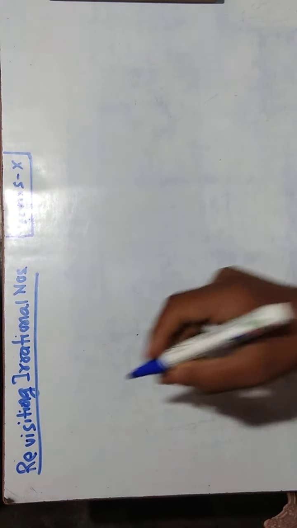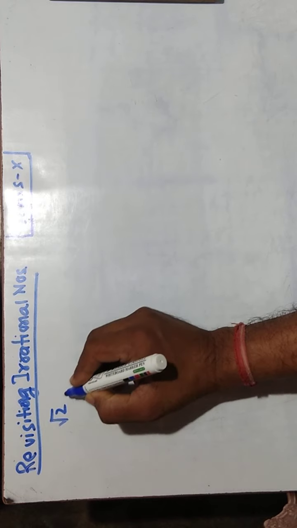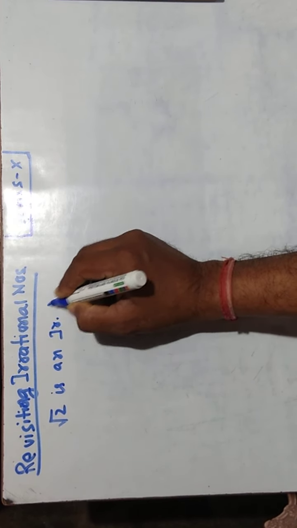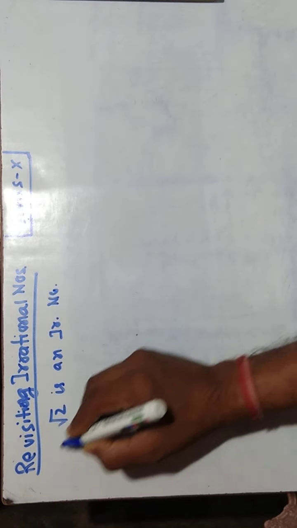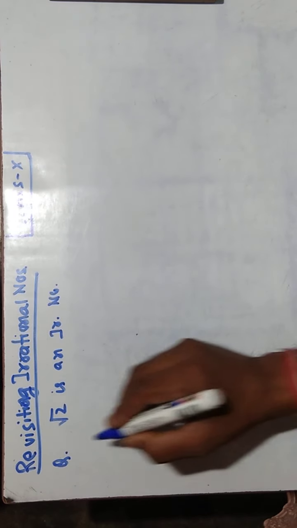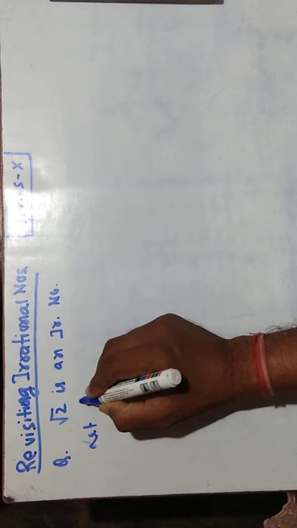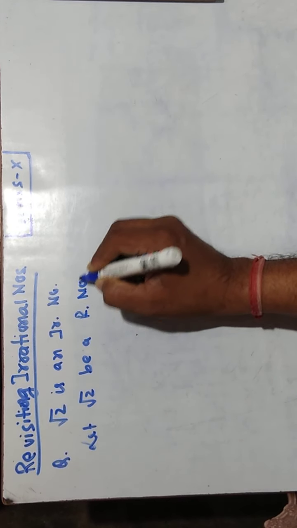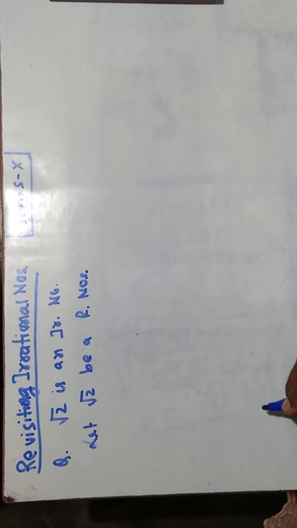In order to prove that root 2 is an irrational number, we will assume, let root 2 be a rational number.